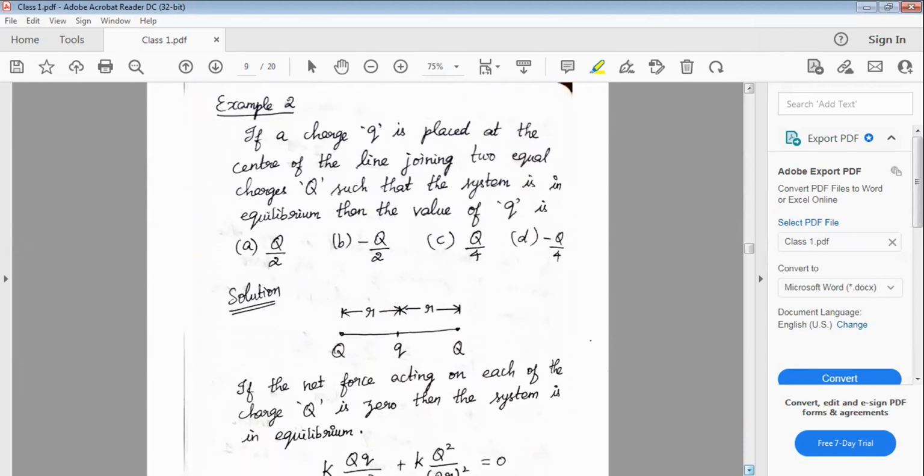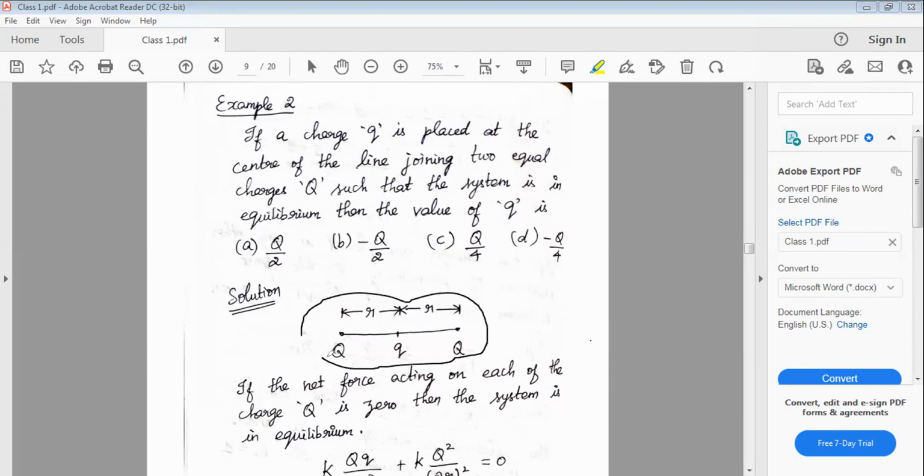So based on this, we are going to see an example problem. So what is the problem here? You have a charge small q placed at the center of the line joining two equal charges capital Q, such that the system is in equilibrium. Then the value of Q is, okay, we have a charge small q placed at the center of the line joining two equal charges capital Q. I have depicted this in this diagram.